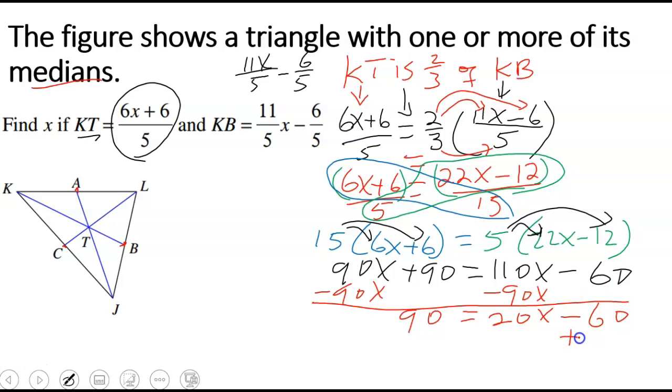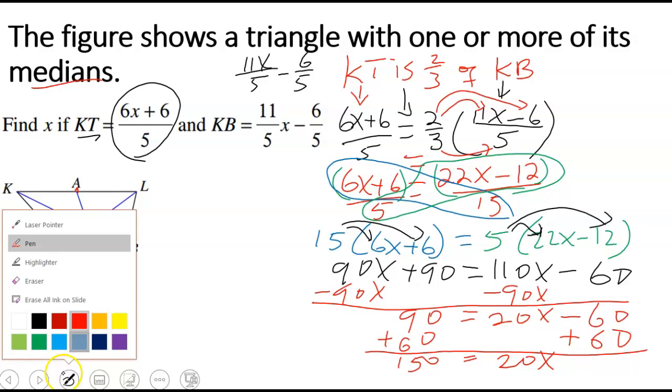So we can add 60 to both sides. We have 20x equals, so 90 plus 60 is 150.